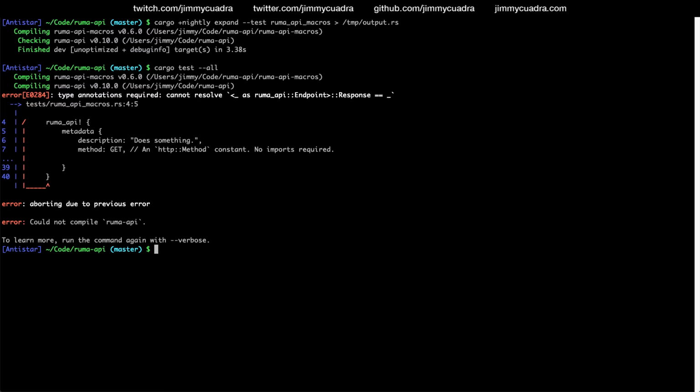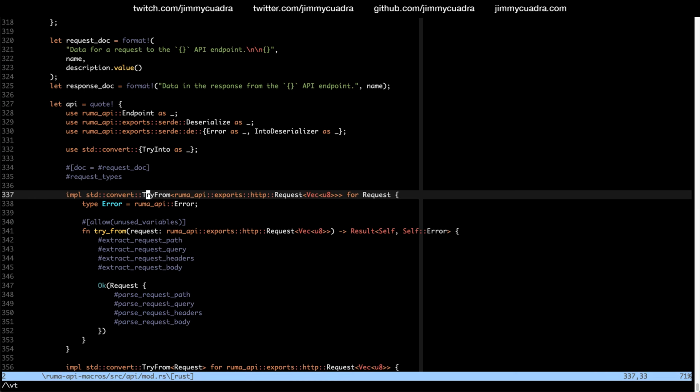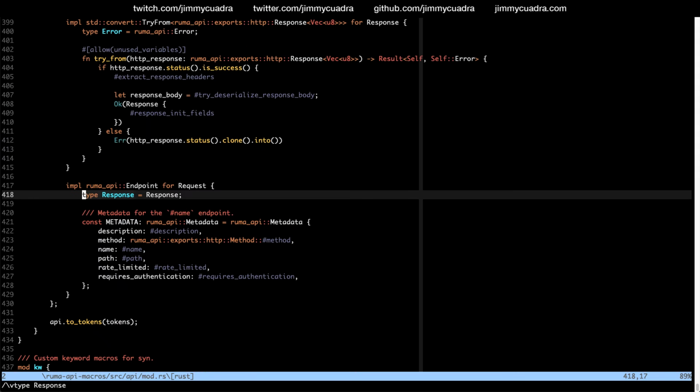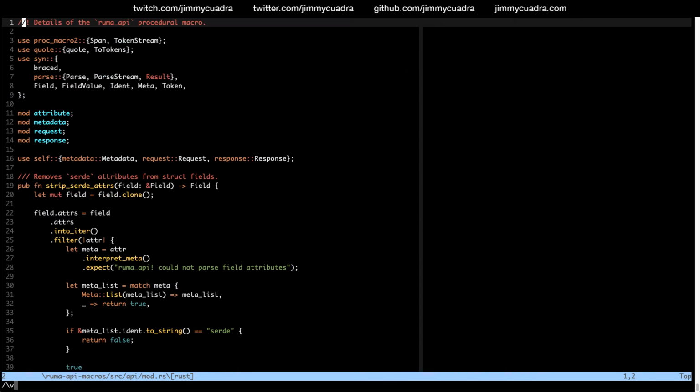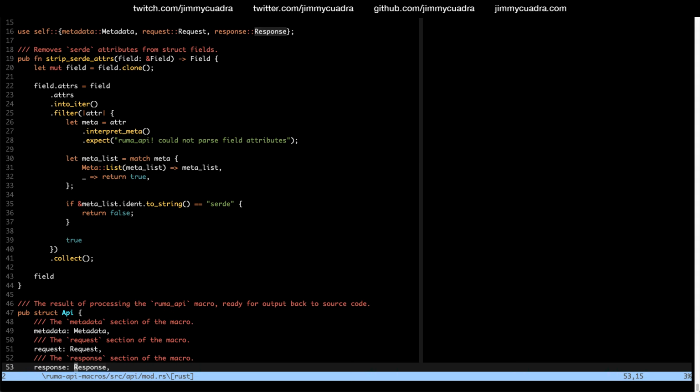So it's some place where the response type is being used. Type Response. That's the only place where that's being used, so I don't know why. Where are we constructing a response?